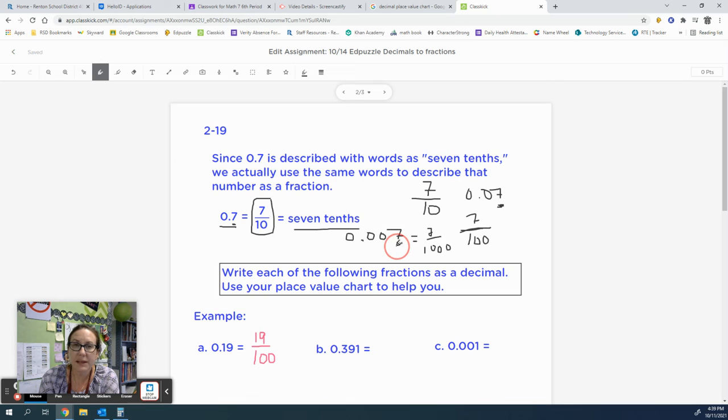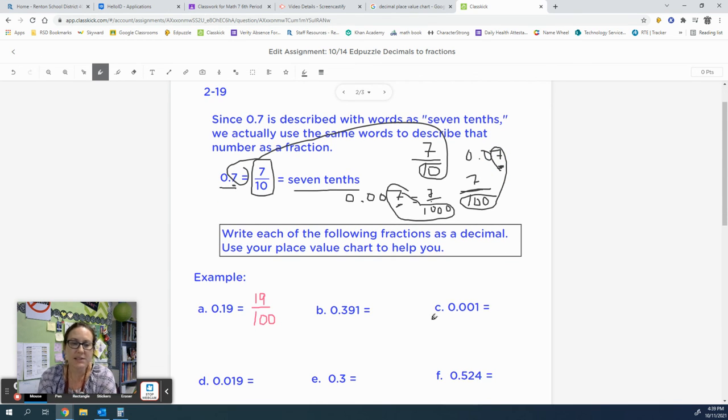So depending on the place value, that determines what your denominator is going to be. This is in the thousandths place, so the denominator is 1,000. This is in the tenths place, so it's 10. This is in the hundredths place because the 7 is in the hundredths place.